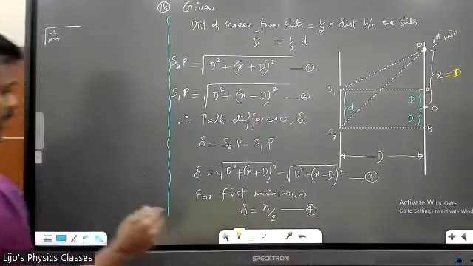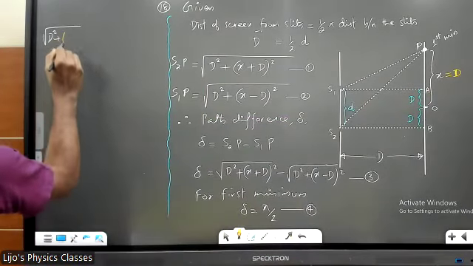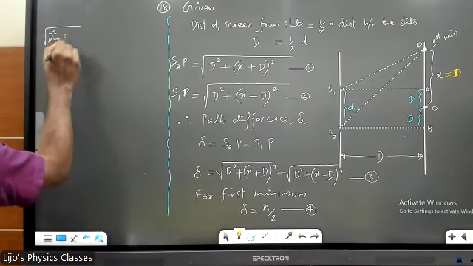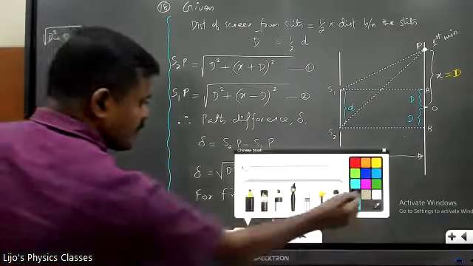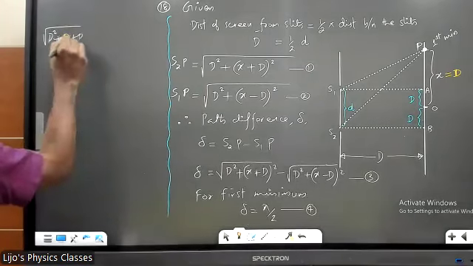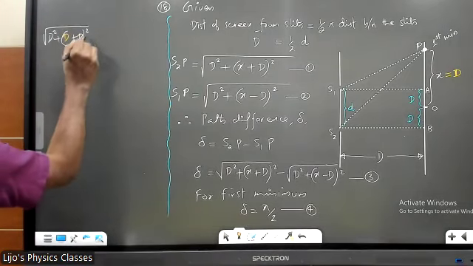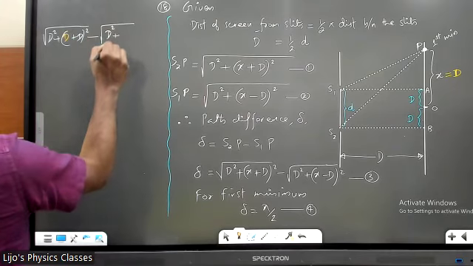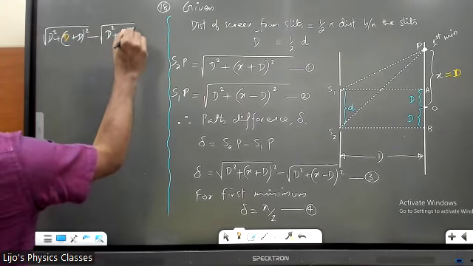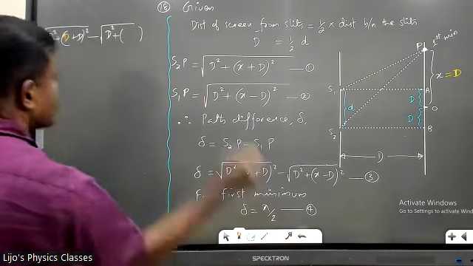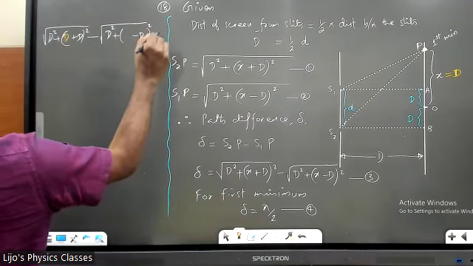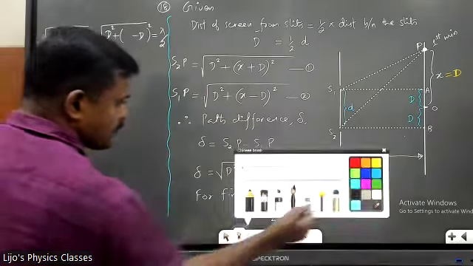D square plus d plus d the whole square, minus root of D square plus d minus d the whole square should be equal to lambda by 2.